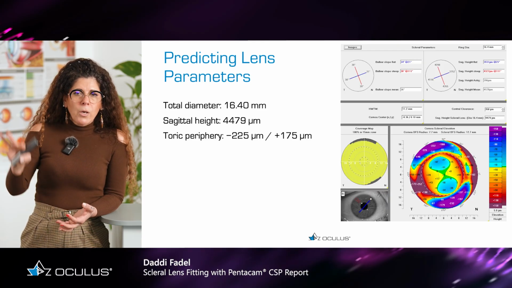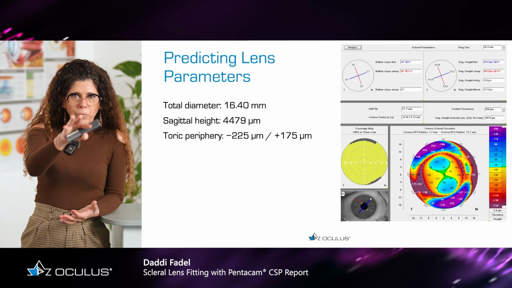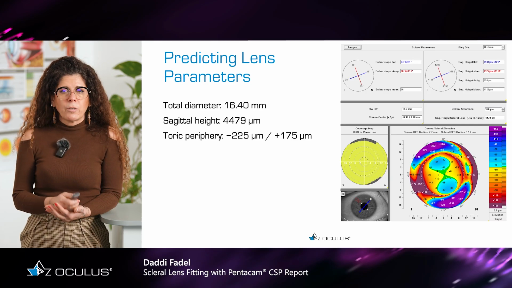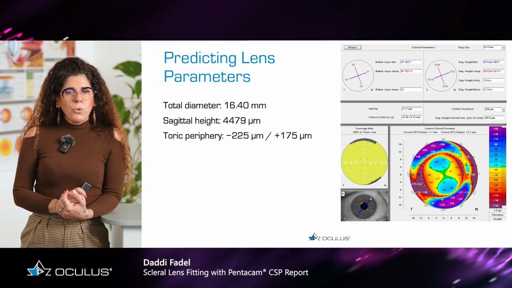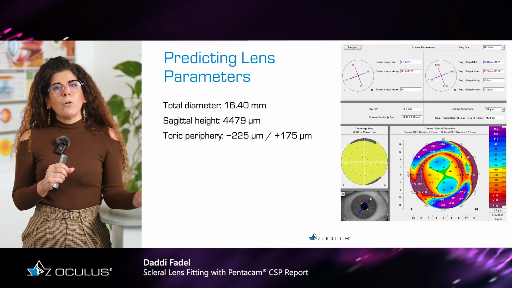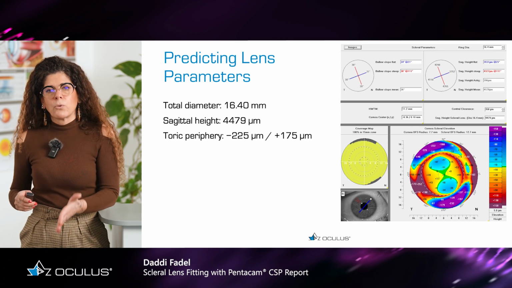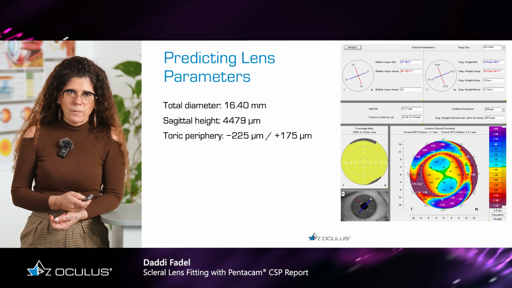So by looking at these numbers and the color map in the lower part of this display, you are understanding the ocular shape, but you are also selecting your first trial lens to start with in your fitting process.